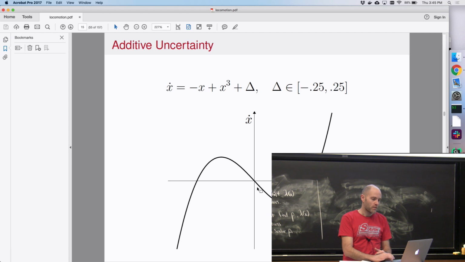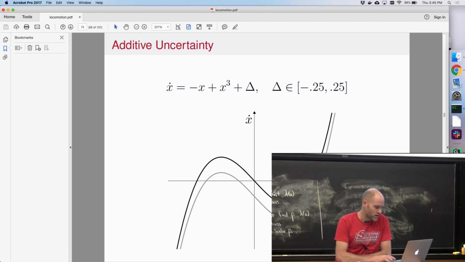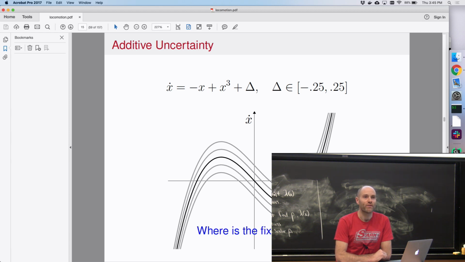If you have additive uncertainty, that's a different beast. What does additive uncertainty do to the function? It pushes it up and down. Where's the fixed point on that one? It's a function of the parameters. If you ask for global stability, a Lyapunov function that's negative everywhere going to the origin, it will say no, as it should.